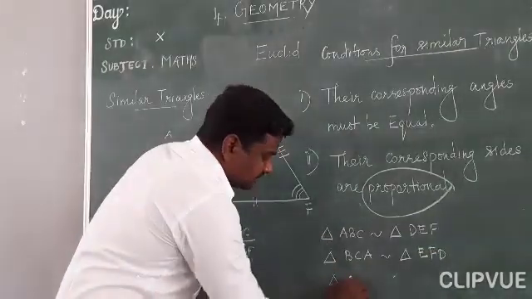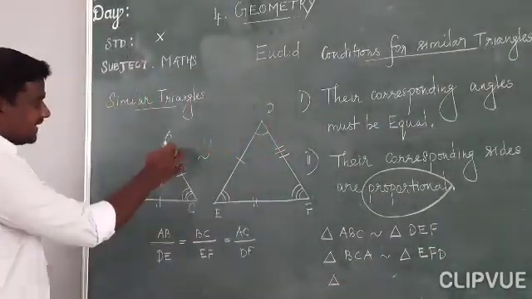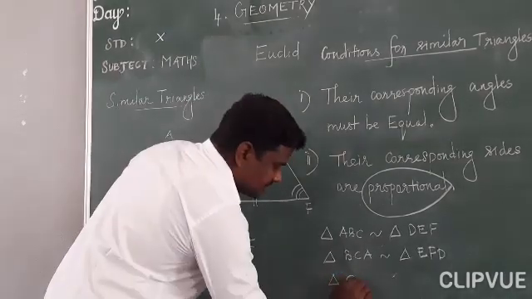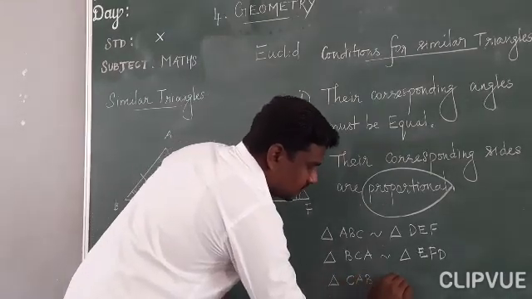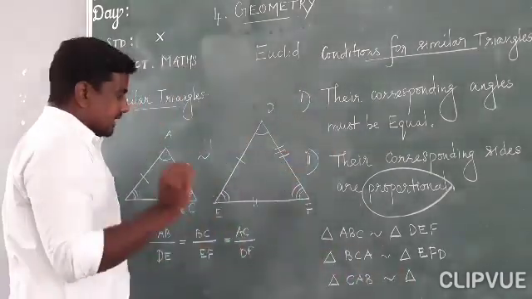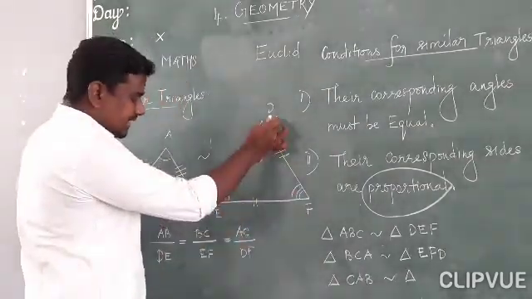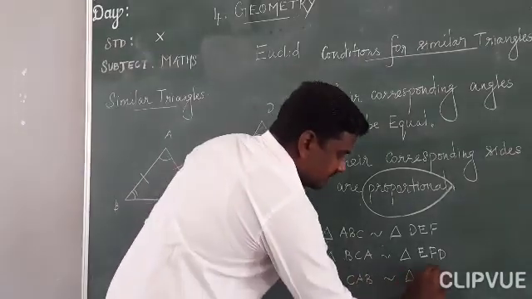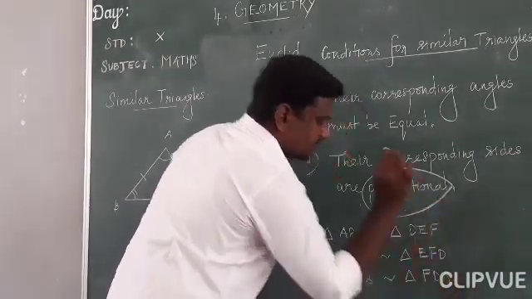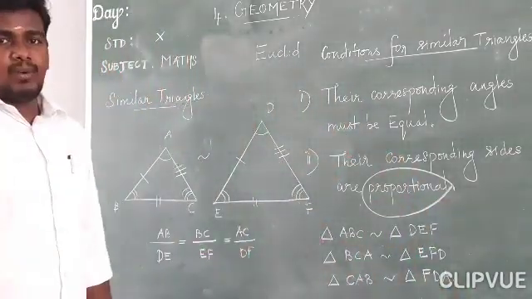The third one, triangle CAB similar to, I hope you know this, triangle FDE. These are very important.